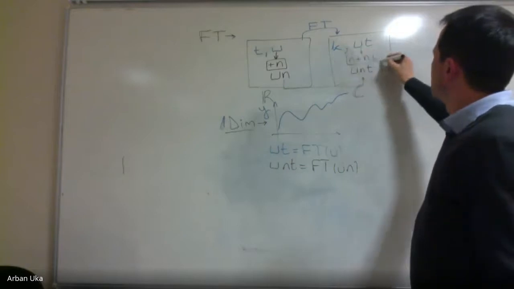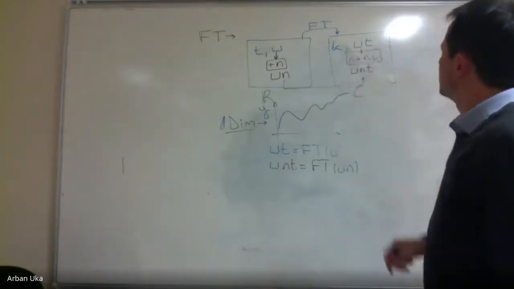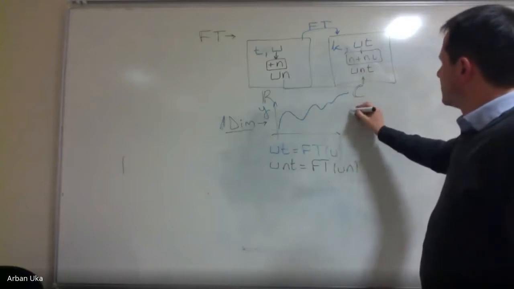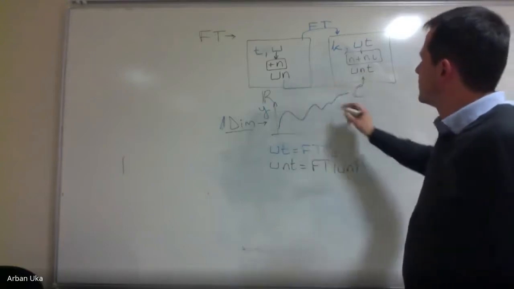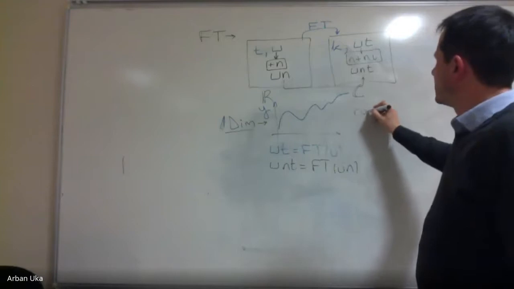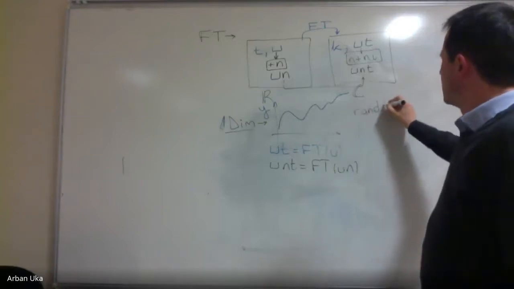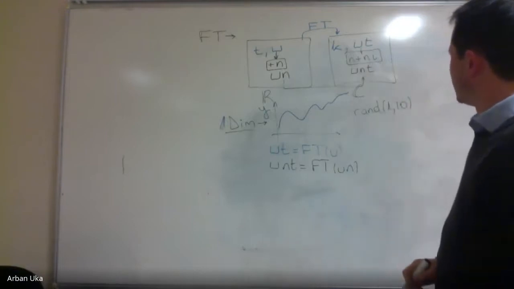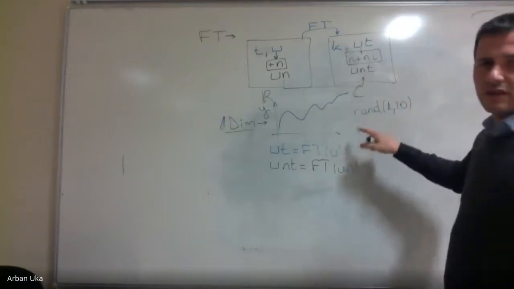Okay, so we can also add the noise in this domain. Traditionally, the noise here can be represented as random numbers, 1 to 10. If we say random numbers 1 to 10, this would be the noise in the real domain.